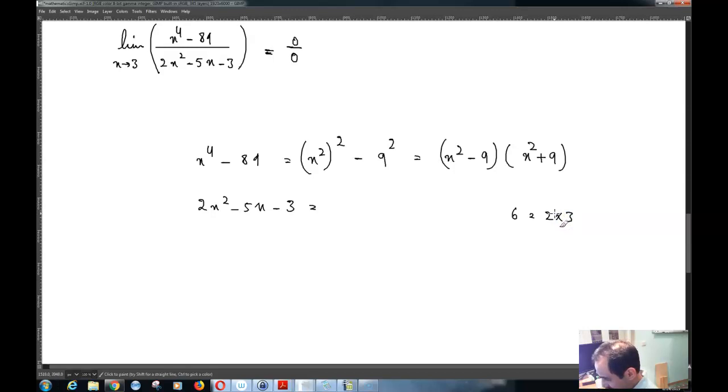So if I write this as negative 2 and negative 3, negative 2 times negative 3 is equal to positive 6, but here the problem is that we have negative 6.